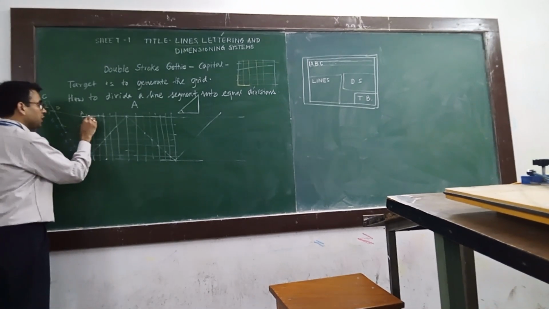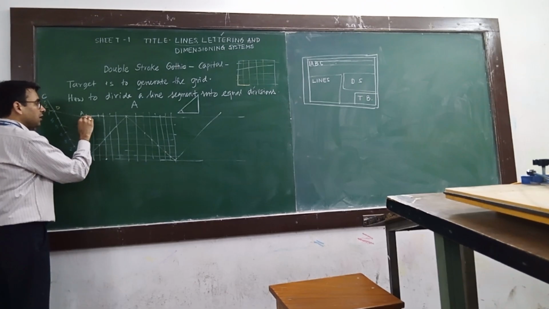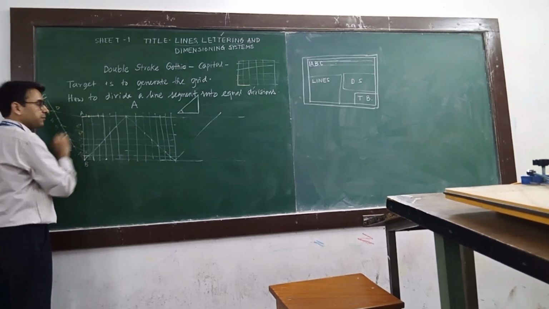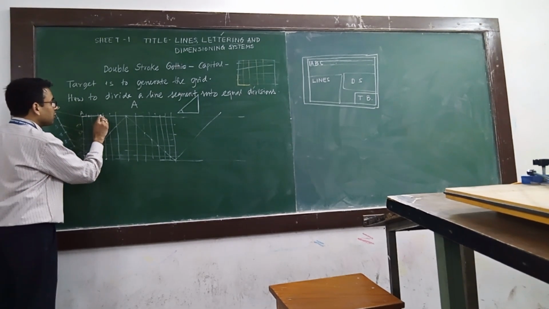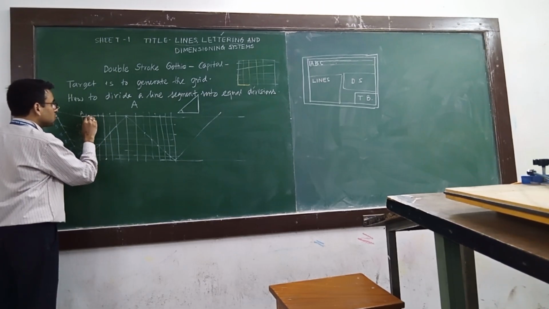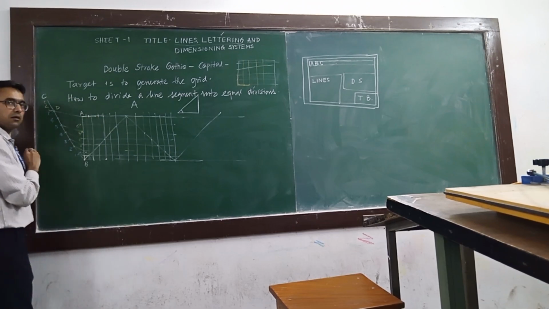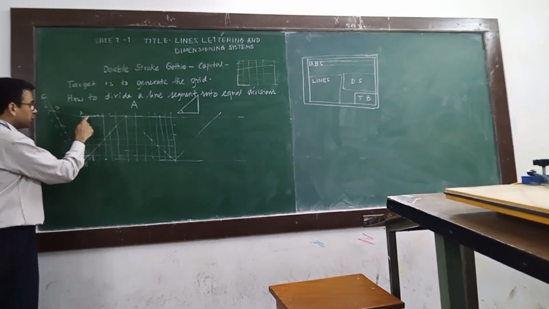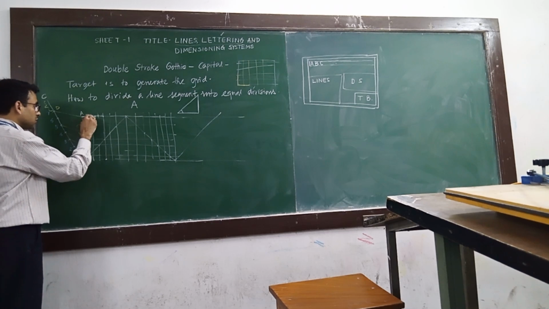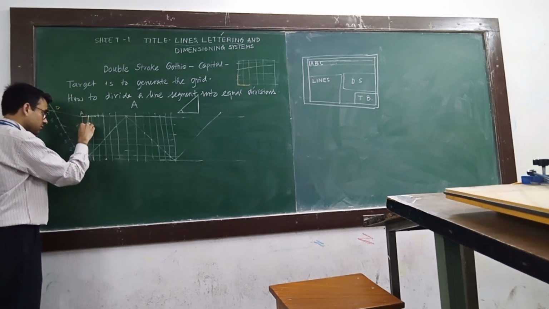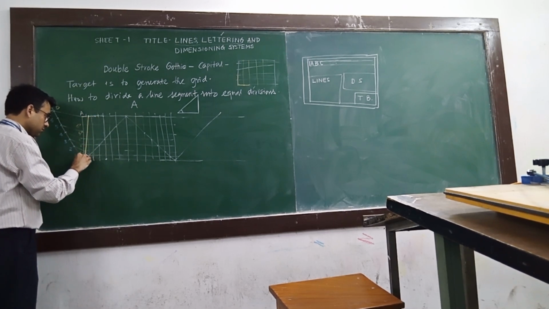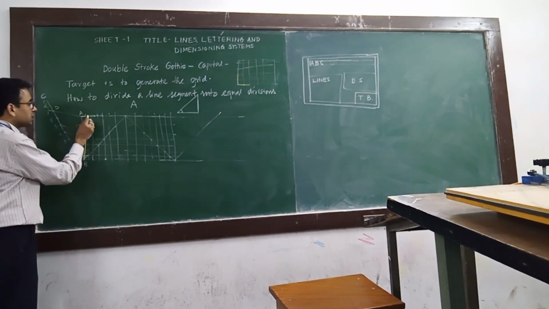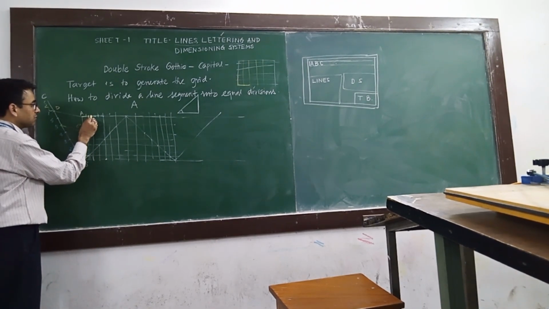So you will take the midpoint of the second line segment and the midpoint of the third line segment. Clear? You will join this with this. So it is the midpoint of the second line segment between point 2 and 3.